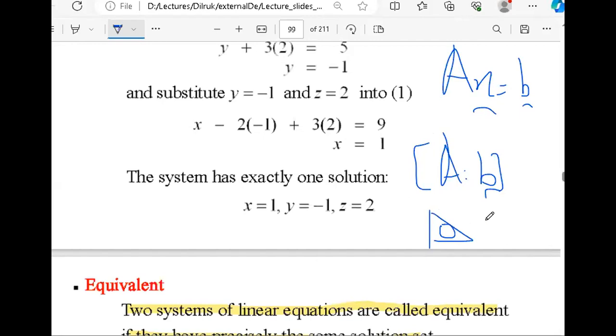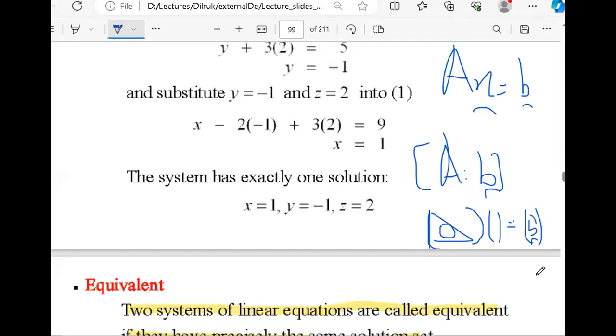Echelon form is enough, I think. Then this would be your coefficient matrix, so you can separate it out. And this is the new right hand side.